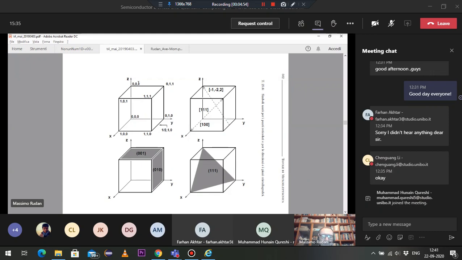And finally, you do 1 minus 0 for the third coordinate, so you obtain 1. So you obtain a triplet of numbers that are minus 1/2, minus 1, and 1.